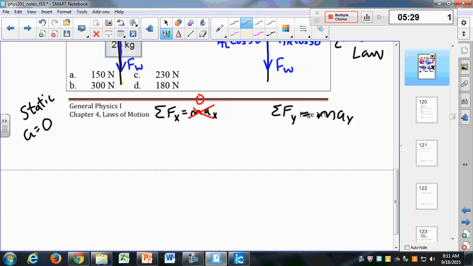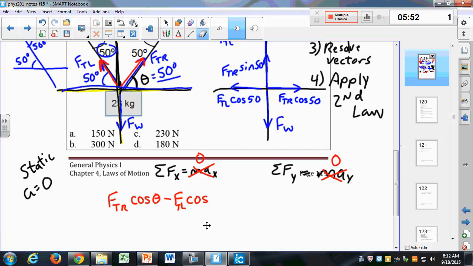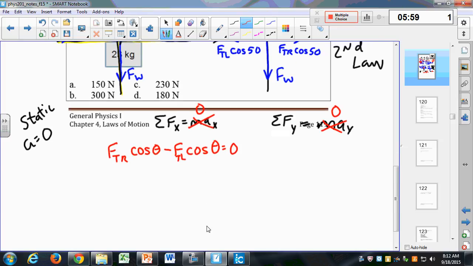So both of these terms go to 0. Makes the problem quite a bit easier. And then I just write up my equations. So in the x direction, I have FTR cosine theta minus FTL cosine theta, or cosine 50 if you want to write it that way. I'm just going to keep theta. That's equal to 0. From this equation, I can tell how these two forces are related.